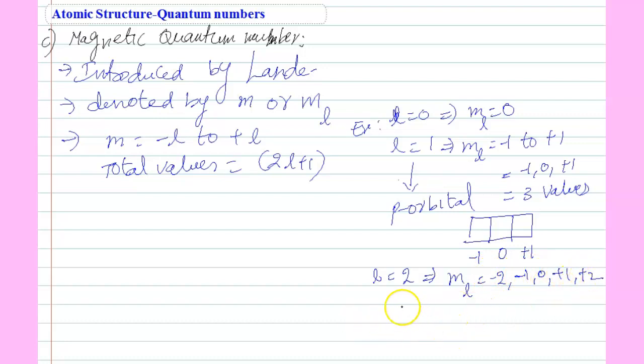That means l equal to 2 is the d orbital, which contains 5 subshells. So this is the meaning, students. Totally we can write like this. This is the magnetic quantum number.